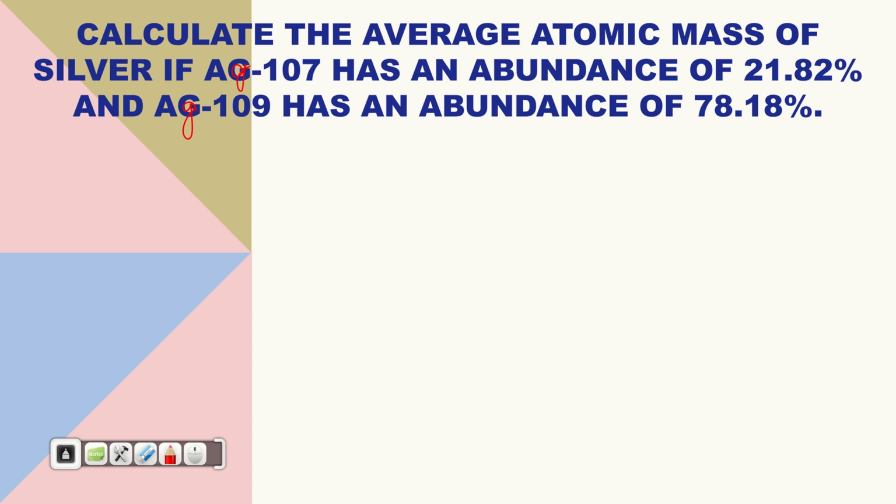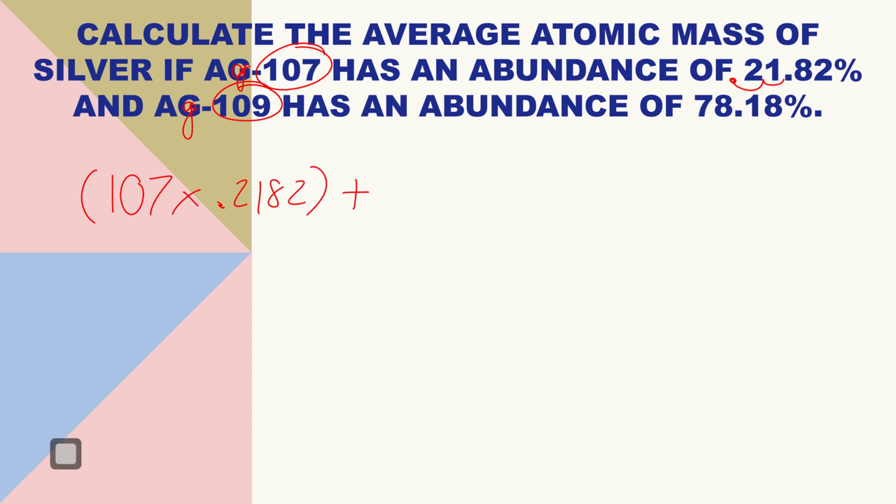This one doesn't give you a very technical mass, so we're just going to use the mass number. So this will be a lot easier: 107 times, move the decimal point over twice, 0.2182 plus 109 times 0.7818 equals.